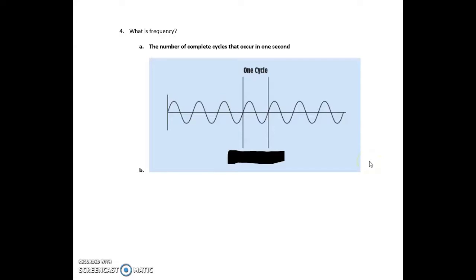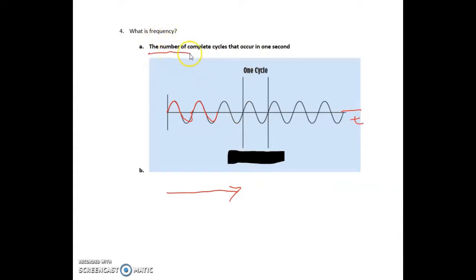Frequency. What is frequency? Number 4. This is one complete cycle, and we can see those cycles just continue, and the x-axis is measured in time, so as we go along this way, we're further and further along in time. The question asks, what is frequency?